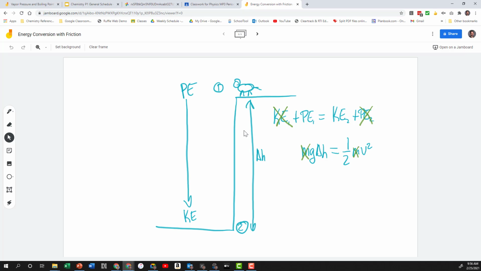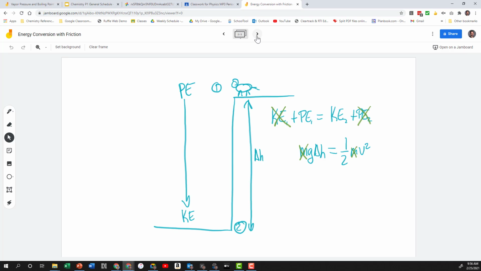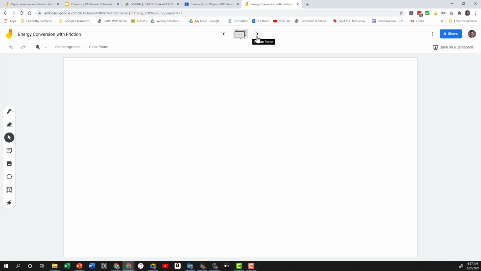Now we're going to look at an example that I'm going to make up off the top of my head. Let's say we have a box, because in physics we always do boxes moving along, right? Let's say it's 5 kilograms, and let's say the surface is wood.